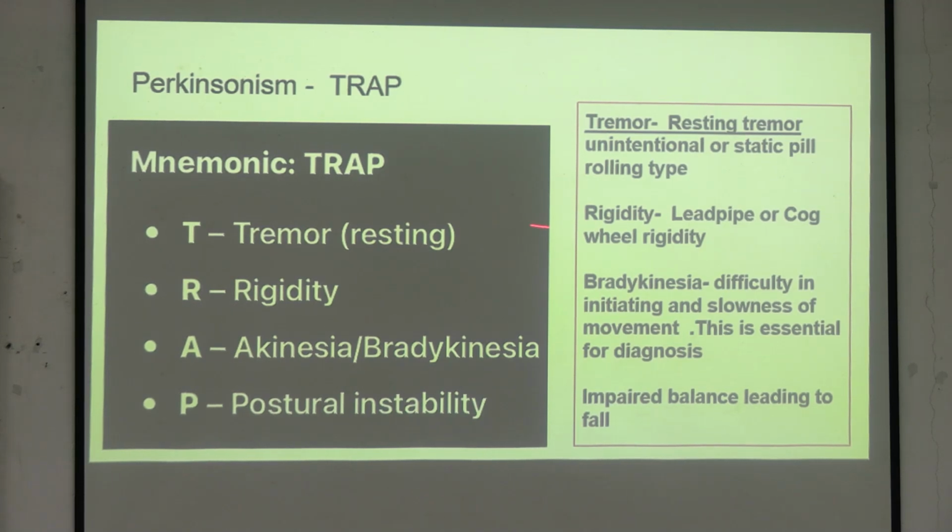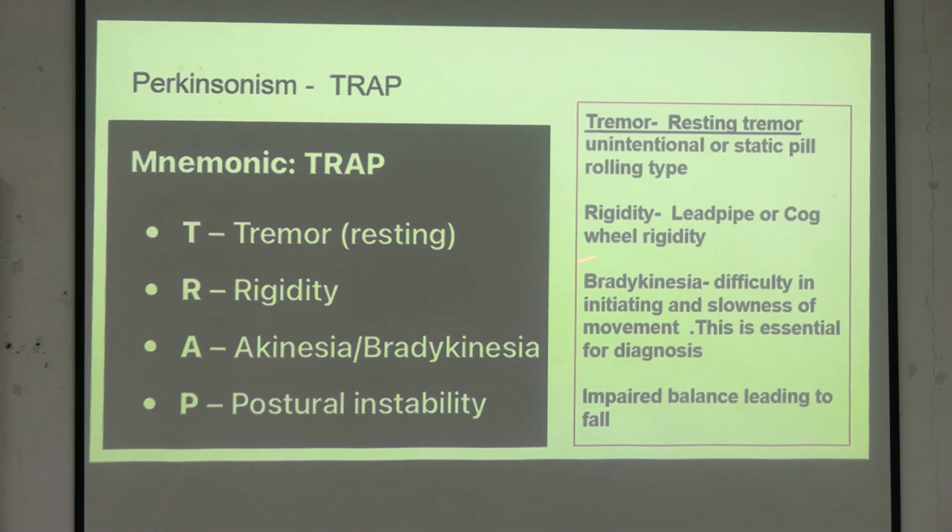Rigidity: there are two types, lead pipe rigidity and cogwheel rigidity. We have heard the term clasp knife rigidity in corticospinal tract lesions. In clasp knife, at the initial part there is rigidity, and the rest is normal, then again rigidity. But here, lead pipe has rigidity throughout the movement, and cogwheel is jerky rigidity. This is cogwheel rigidity.